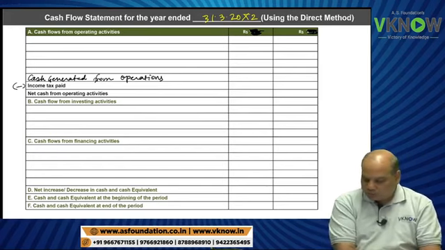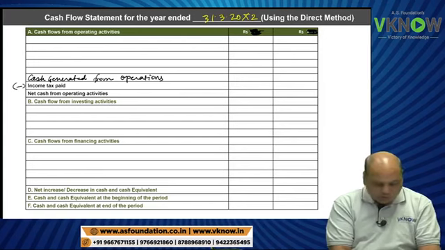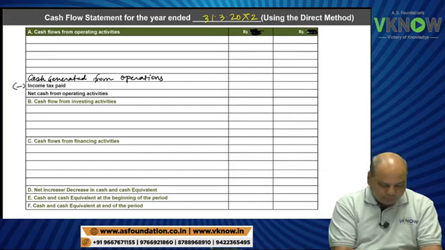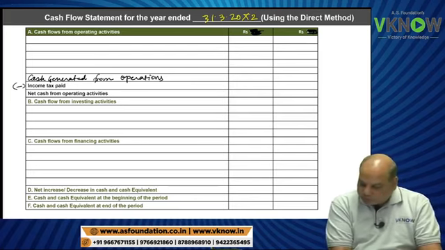And then write down cash flow from investing activity. Keep about 6 lines blank.